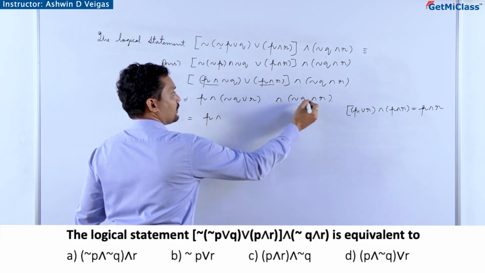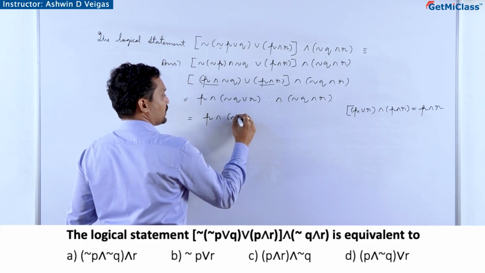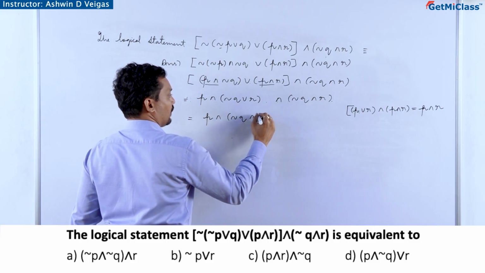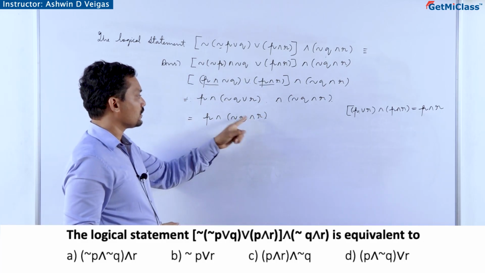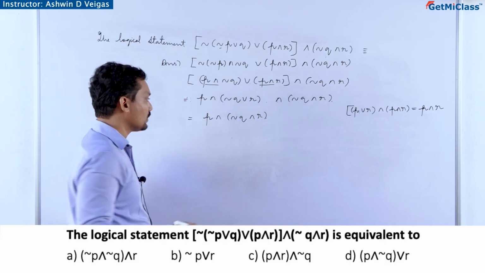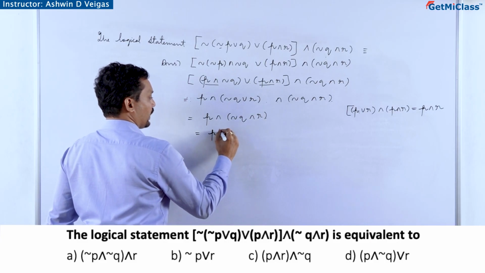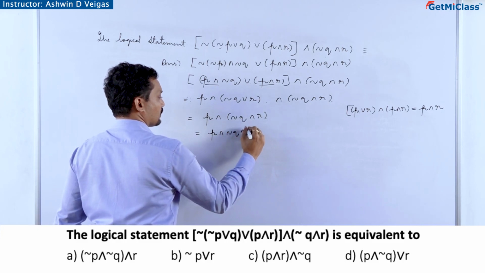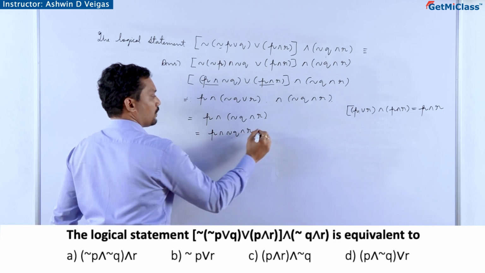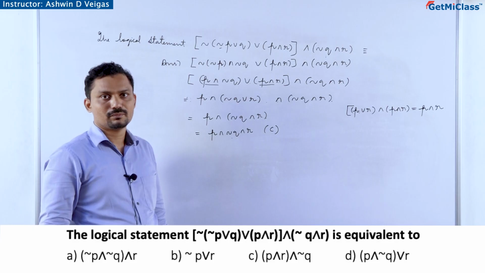If this is AND, the term with AND will be the answer. So, it will be negation of Q and R. And again, since it is the same operation, there is no need of bracket. So, therefore, this is same as P and negation of Q and R. Now, this exact same term is found in option C there. So, therefore, option C will be the answer.